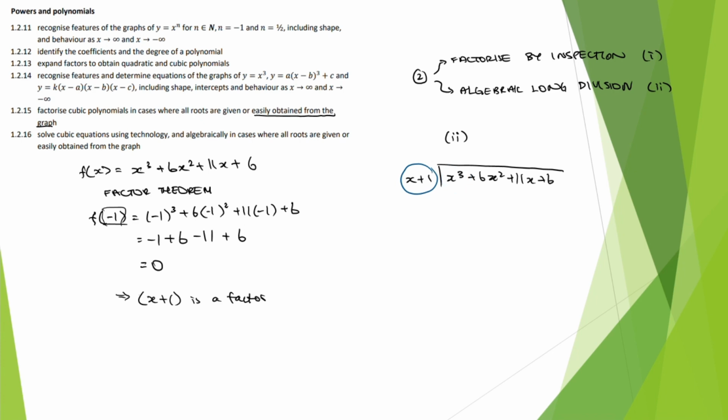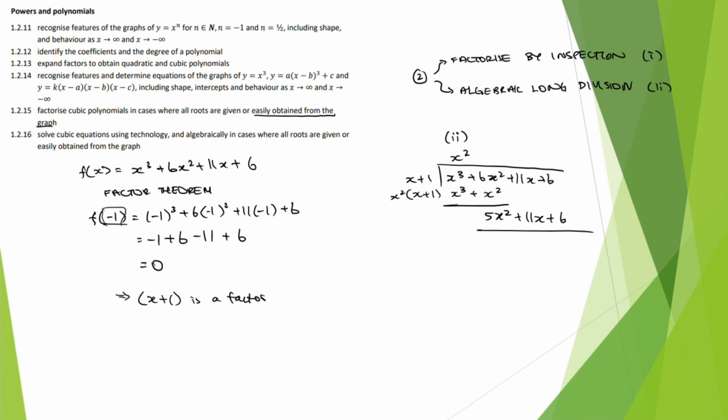In this case, x plus 1 goes into x cubed plus 6x squared plus 11x plus 6, x squared times. And so it goes in x squared times, and for those x squared times, we end up getting x cubed plus x squared. And we subtract those to get 5x squared plus 11x plus 6.